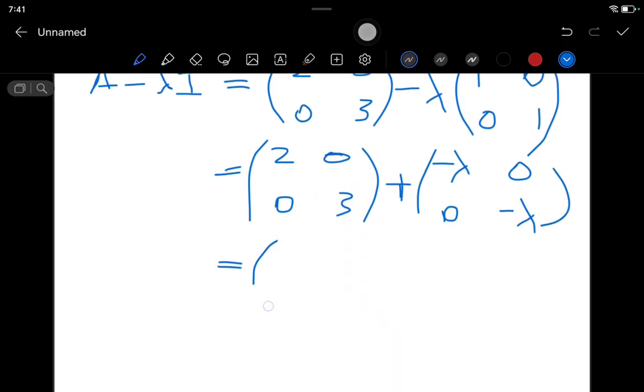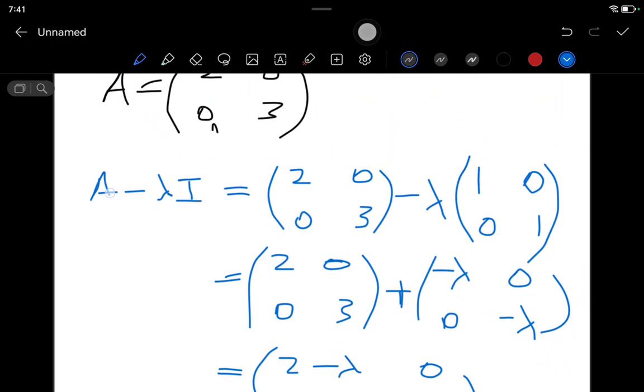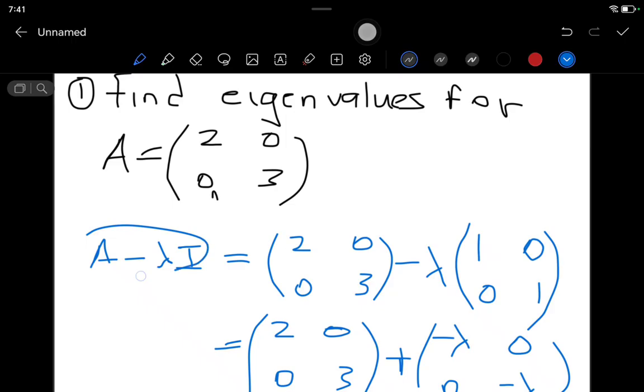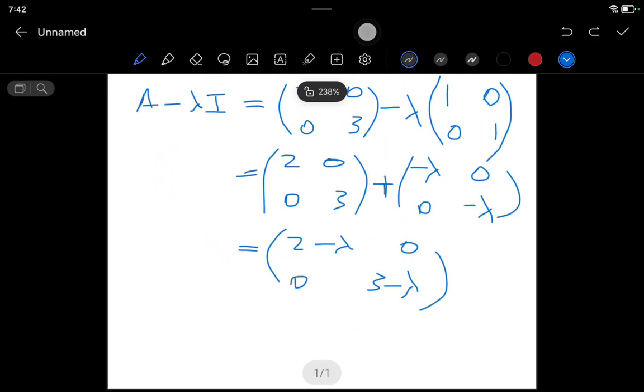And this will give us 2 minus lambda, 0, 0, 3 minus lambda. So every time you're using this formula, you just come and subtract lambda on the diagonal entries only.